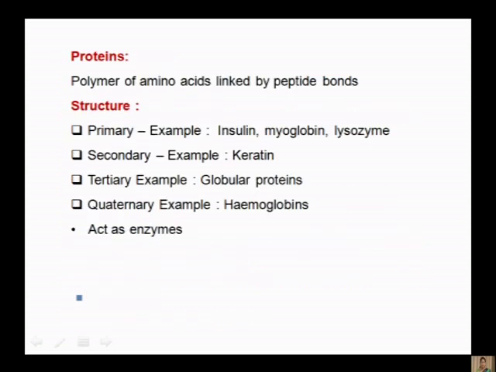Next come proteins. Proteins are considered as polymers of amino acids which are linked by peptide bonds. The structure of proteins can be classified into primary, secondary, tertiary or quaternary. The primary structure of protein indicates the linear arrangement of amino acids, and examples are insulin, myoglobin and lysozyme.